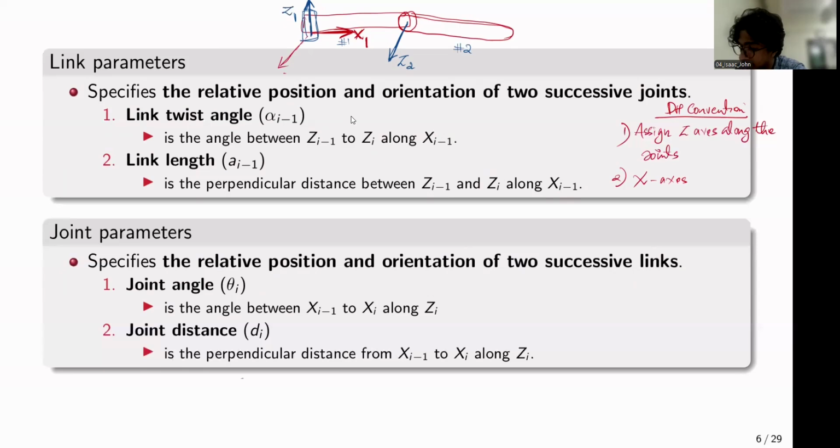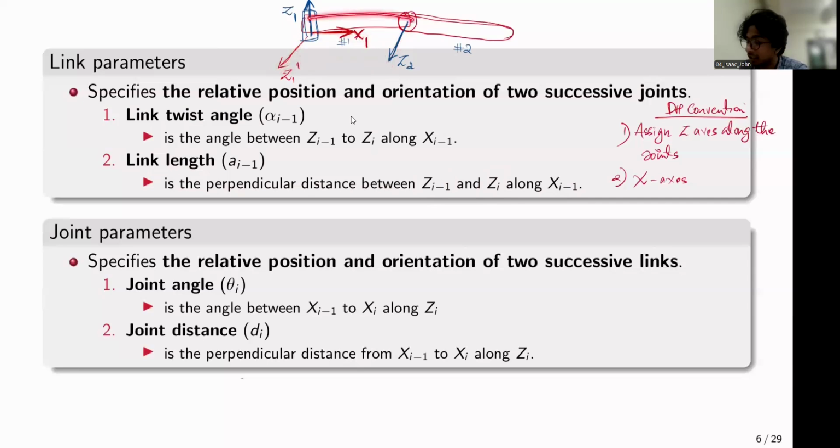I'll represent it as z1 dash. Now link length is basically the perpendicular distance between the updated zi minus 1 and zi along xi minus 1. So if this is your z1 and if this is the z2 axis, the perpendicular distance between these two axes is called the link length. That is measured along x1.